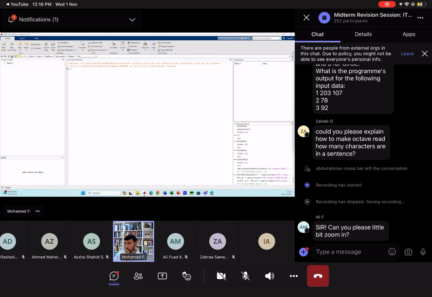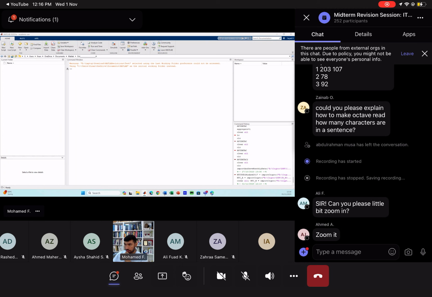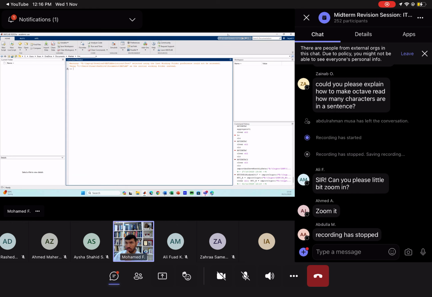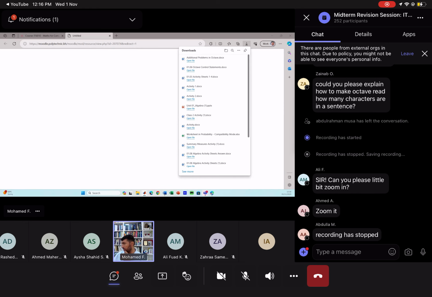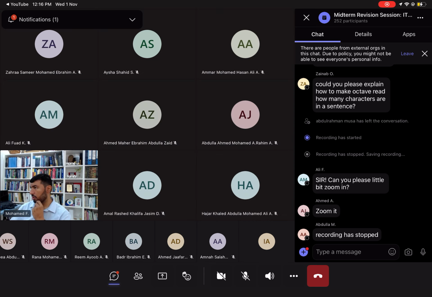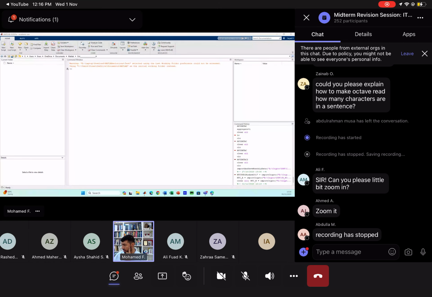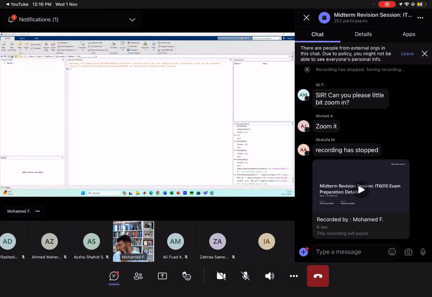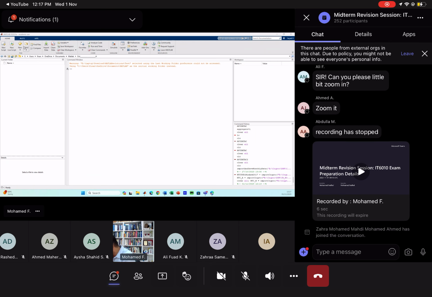Is it clear for you, or shall I increase the size of the font? Zoom it. Okay, let's try to move it to another screen. What about now? Is it clearer? I can't see it, by the way.